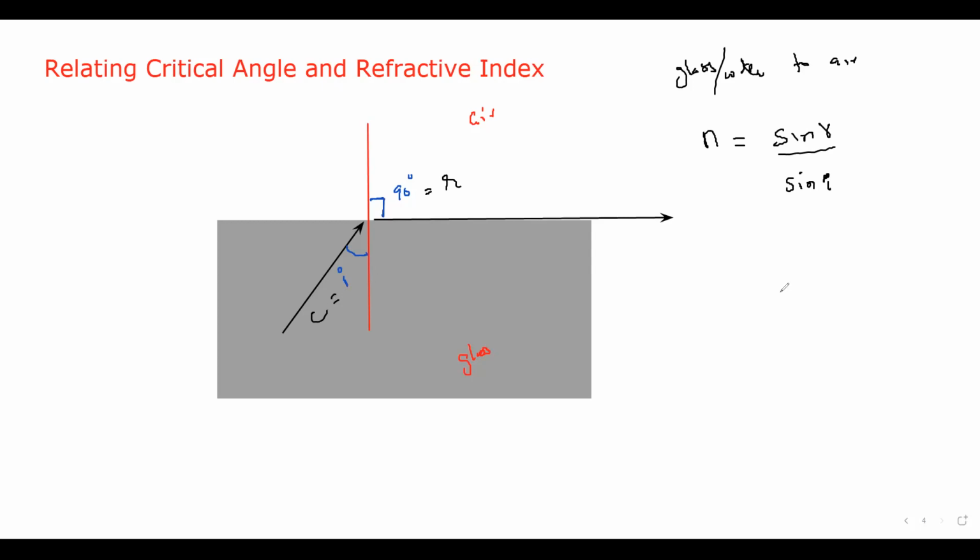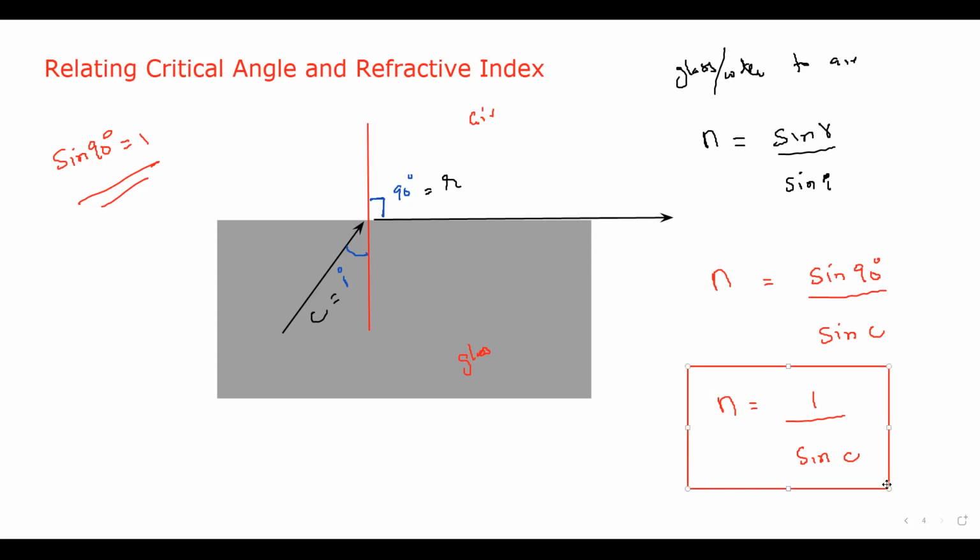So when we substitute these values, we can say n is equal to sine 90 divided by sine i, but because it's a critical angle, we write small c. What is sine 90? When you apply the trigonometric ratio, sine 90 is equal to 1. On your calculator, you can find it. So sine 90 is 1. So we can say that the refractive index is equal to 1 divided by sine c.